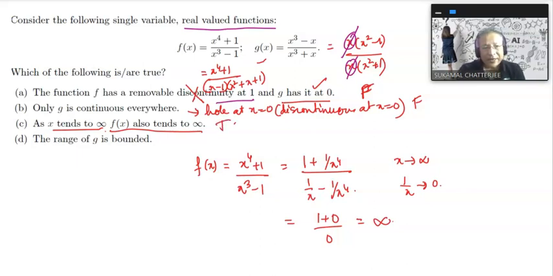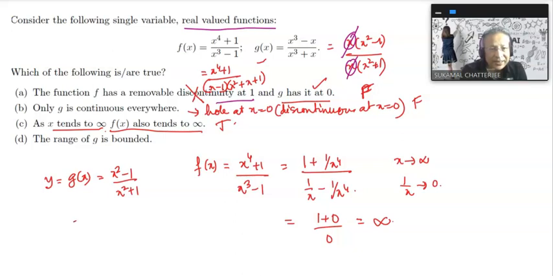Now we look at statement D, the range of G. If you look at the simplified form of G, it is (x square minus 1) by (x square plus 1). So if I take g(x) equal to y equal to (x square minus 1) by (x square plus 1), I have to find the range of y.